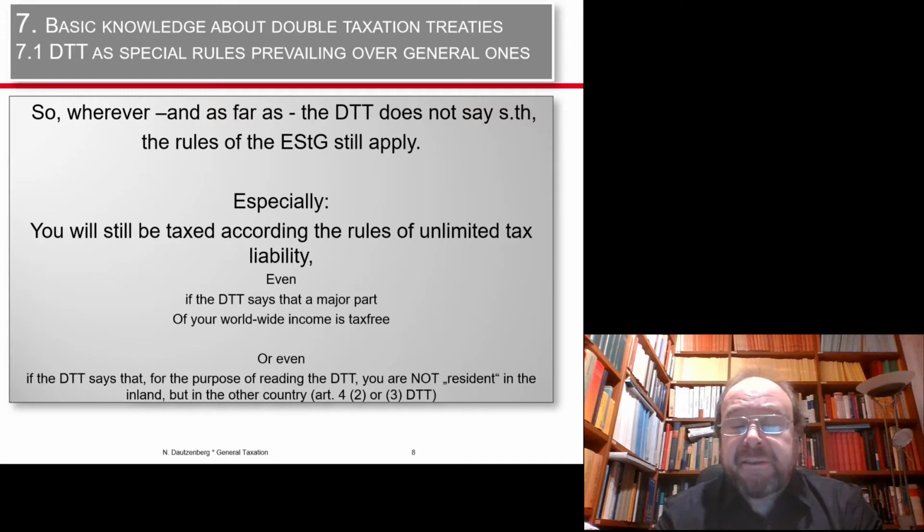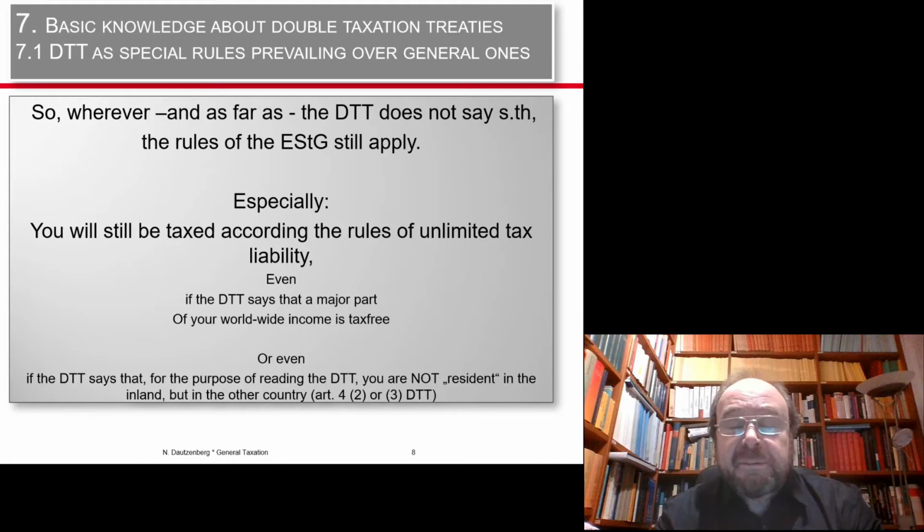it might be that the double taxation treaty says, in your specific situation, nearly all of your worldwide income goes to France and Germany is only left back with a very, very small rest of your worldwide income, which we can tax.